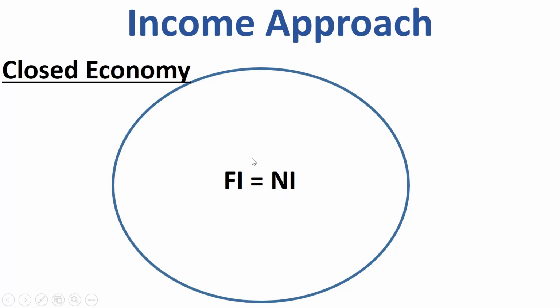When we go back to observe the lesson on the circular flow of income, which we did for the closed economy, we see that the factor income is the same as our national income. Now, we also know that national income is the same as our net national product at factor cost.